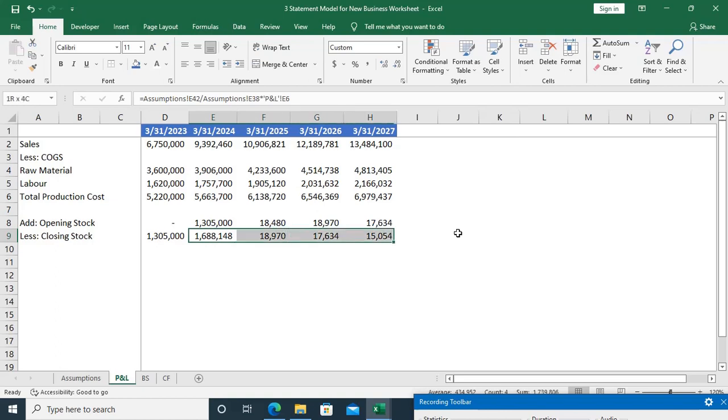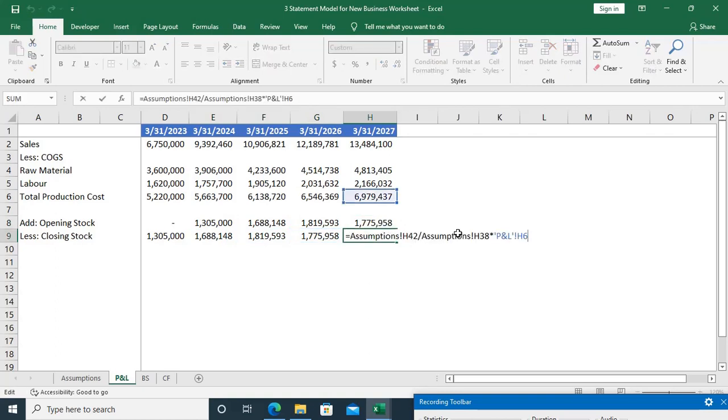So if you copy it, right, check, it is now okay. So like this, I have got the value for this closing stock.